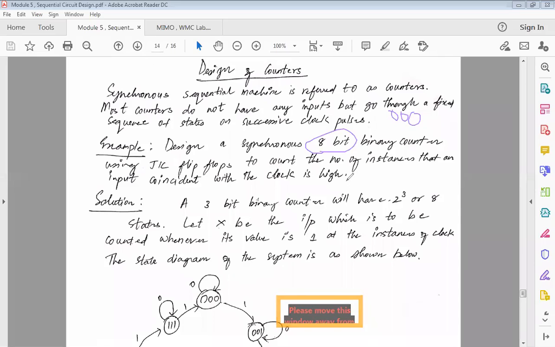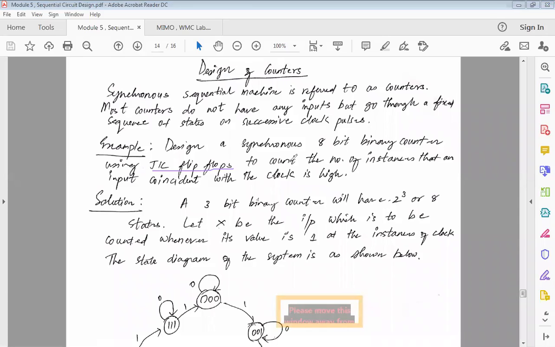Have you all understood what the question is trying to tell us? Yes, sir. Okay, fine. So they have specifically told us to use JK flip-flops. Sometimes I may even ask you to use a T flip-flop or D flip-flop for its implementation.